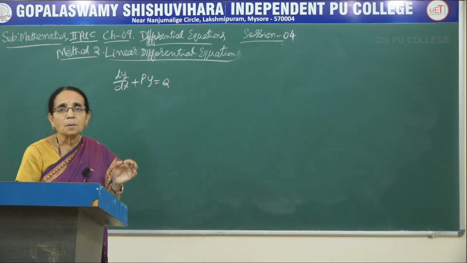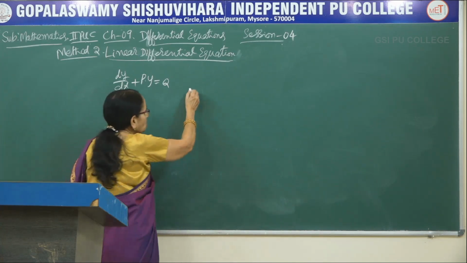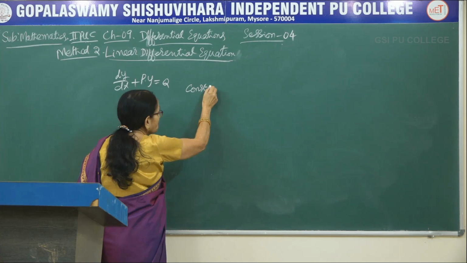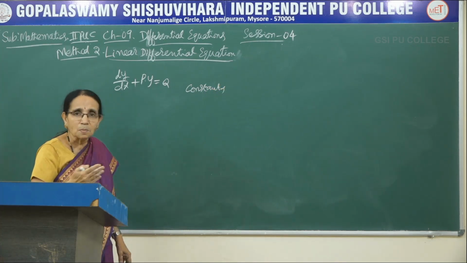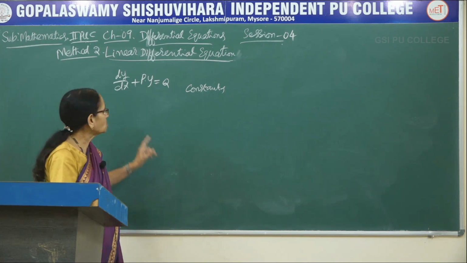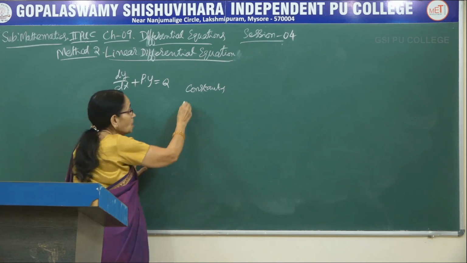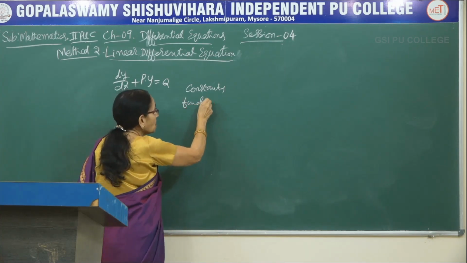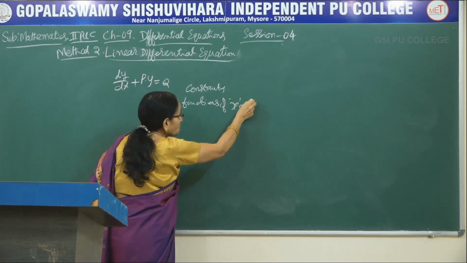Next is, what are p and q? P and q have to be either constants. There are two possibilities. They can be constants, that is some number 3, 4, 5, 7, something like that. So p and q may be constants, or they have to be functions of x only.